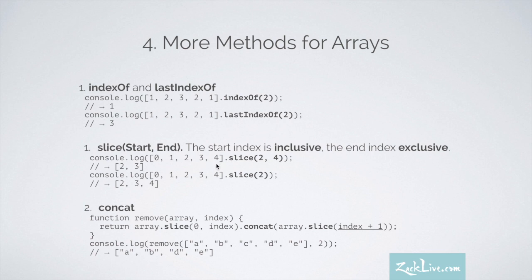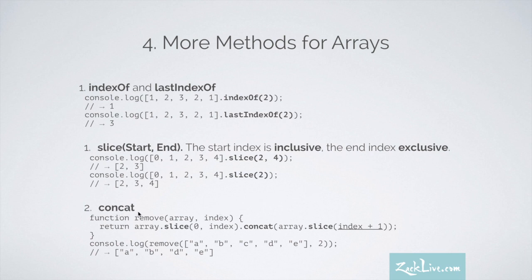But the number at index 4 is not included because the end index is exclusive. If you just pass one argument to the slice function, it will get everything from that index to the end of the string.